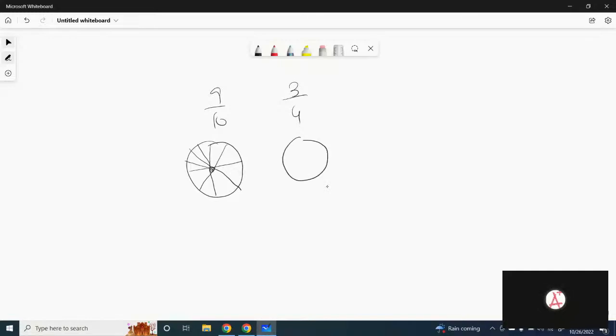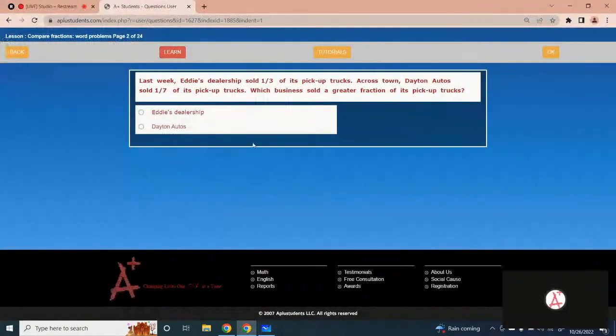And here you have, okay, 9 of them are colored. And here you have 3 of them are colored. So which portion is more colored? Got it. So that means Brooke is the correct option. Just select the correct option and click on the OK button. Got it now? So 9 by 10 is the greater one.